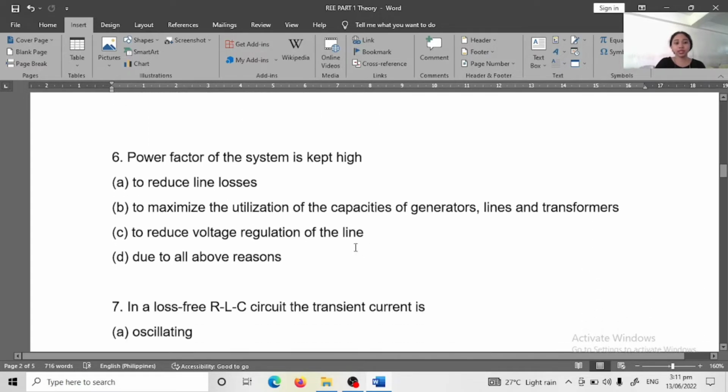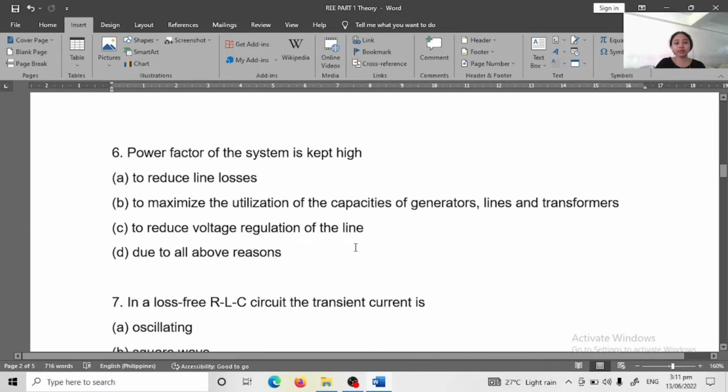Number six, power factor of the system is kept high. A, to reduce line losses. B, to maximize the utilization of the capacities of generators, lines, and transformers. C, to reduce voltage regulation of the line. D, due to all above reasons. So the answer is due to all above reasons.